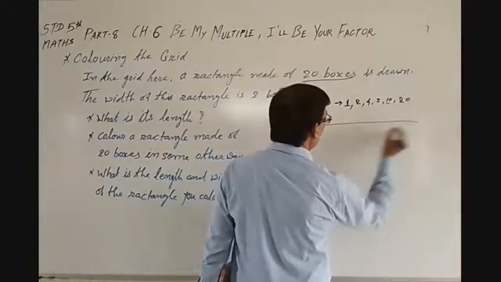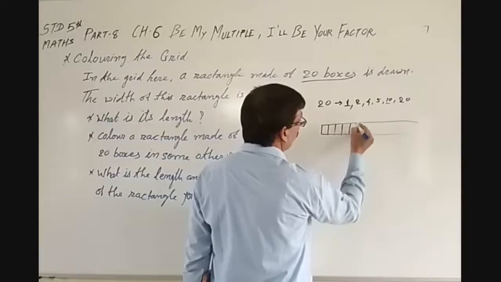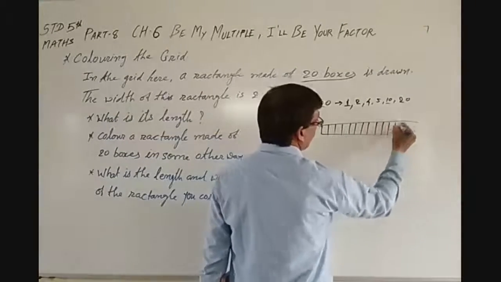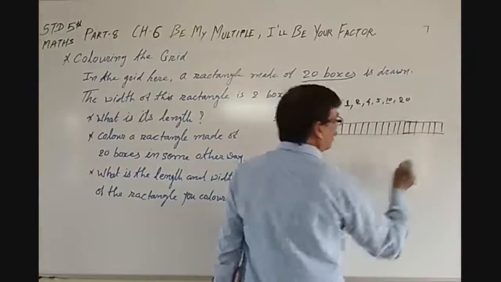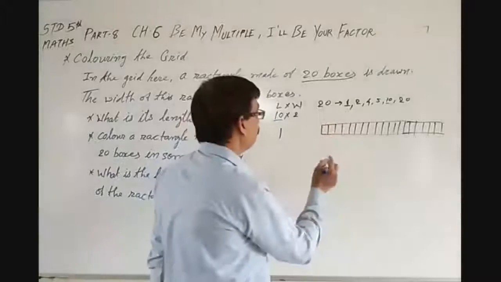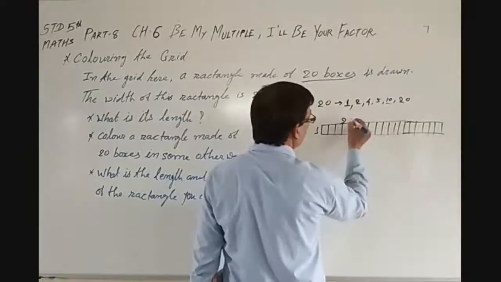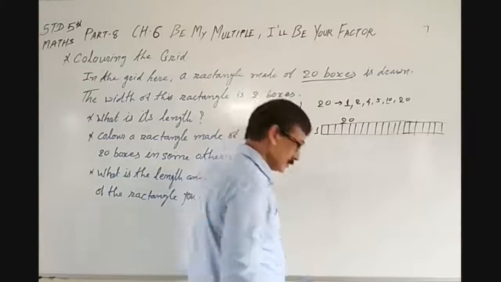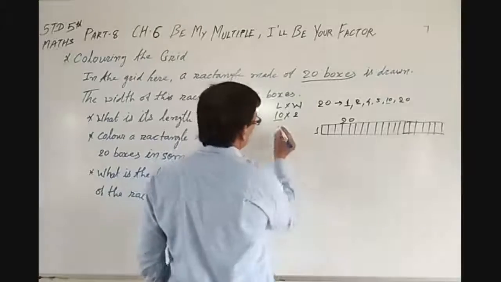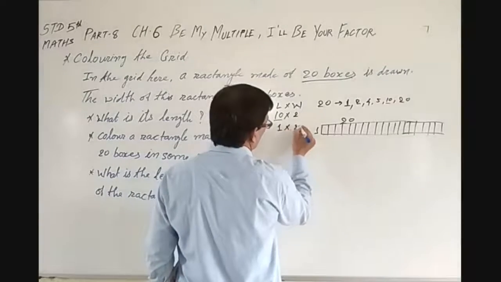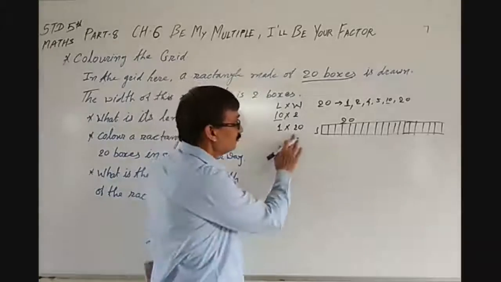So I will have to go for 20 boxes in a line. 1, 2, 3, and so on up to 20. So the length is 1 and width is 20. So this is one way. 1 multiplied by 20 is 20. So this is one of the rectangles.